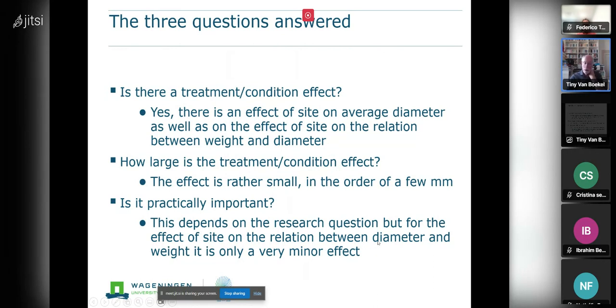To me, it seems that it is only a very minor effect. There are no big effects of orchard sites. But I'm not an apple researcher, so maybe someone else who is an expert values that differently. But in any case, we do not let a p-value decide whether or not it is significant. We need to decide that.